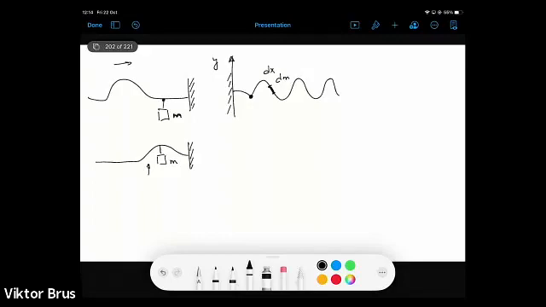We know that kinetic energy is defined as 1/2 of mass times v squared.